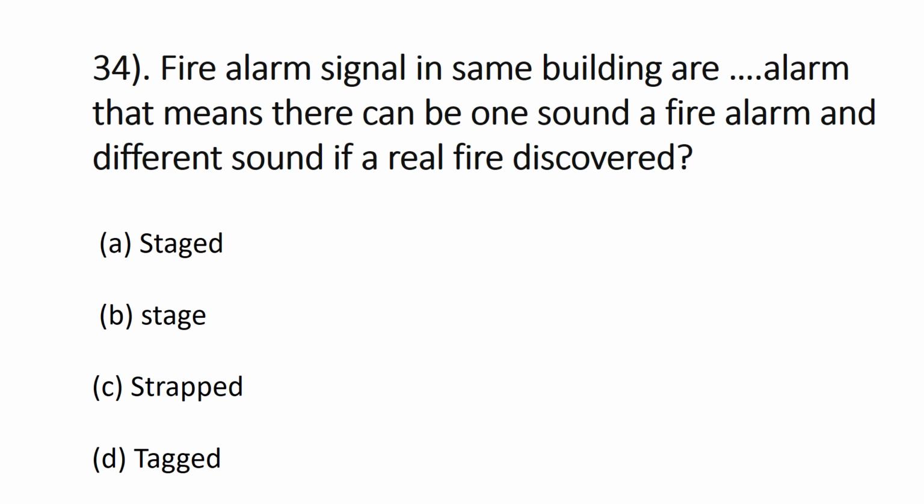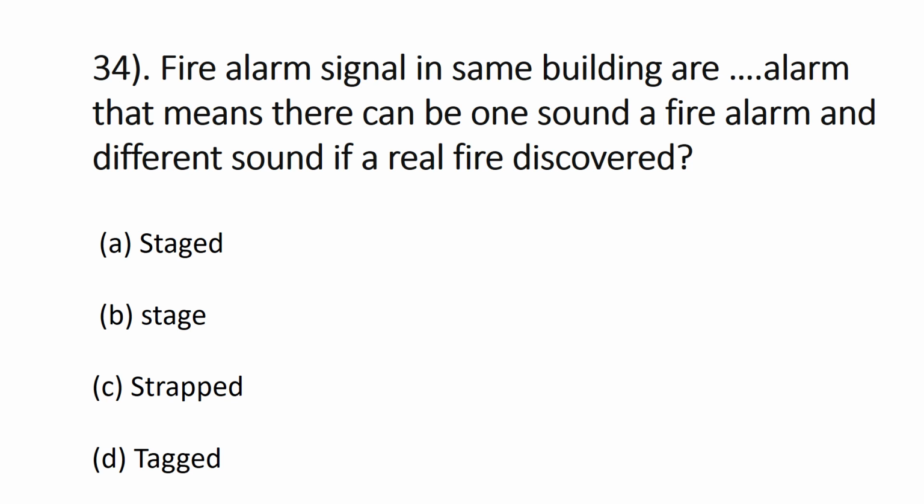Question number 34. Fire alarm signals in the same building are alarm. That means there can be one sound of fire alarm and a different sound if a real fire is discovered. In the building there are different types of sounds in the alarm system. If somebody is testing the fire alarm, it will give a different sound.